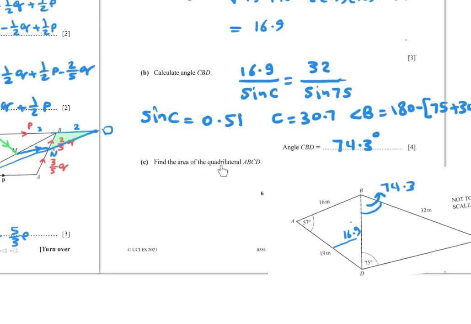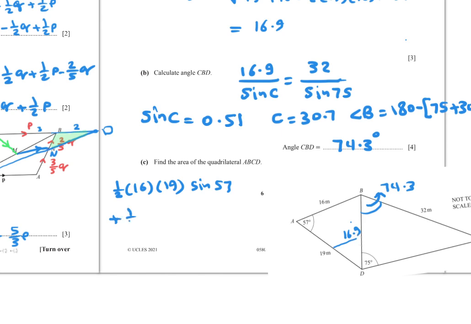C, find the area of the quadrilateral ABCD. We can find the area of this triangle and the area of that one, then add. For this triangle, we have two sides and the included angle. So half times 16 times 19 times sine 57, plus the area of the second triangle, where we have 32, 16.9 and 74.3.